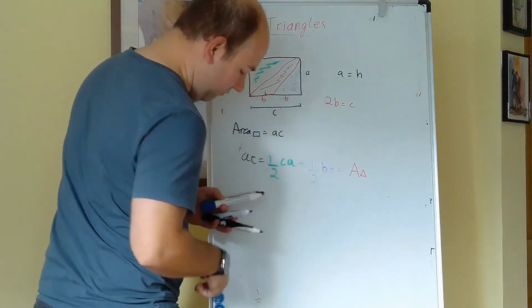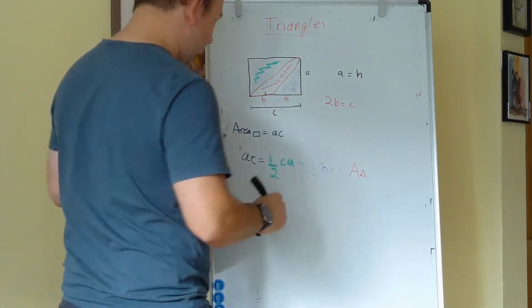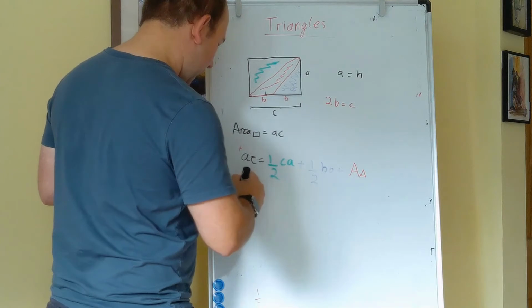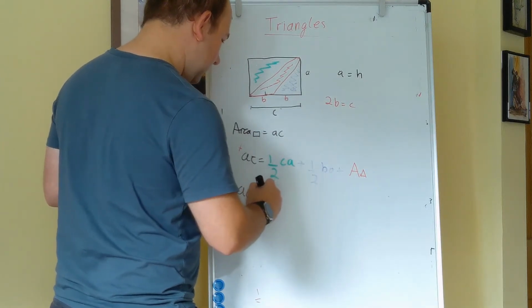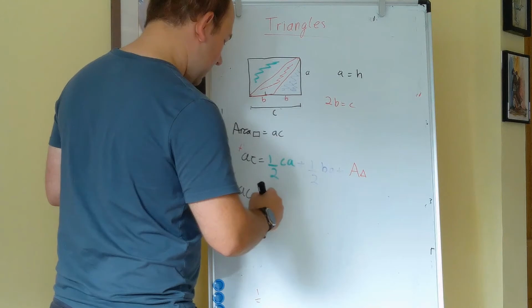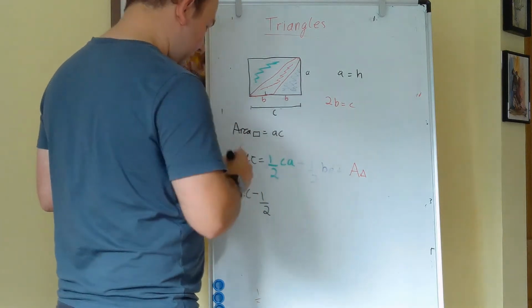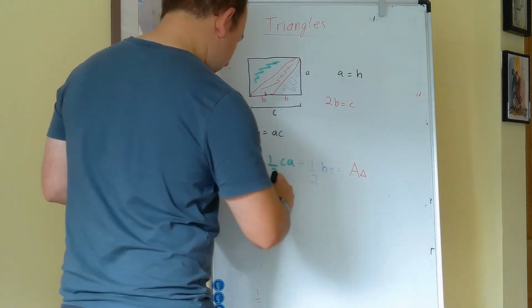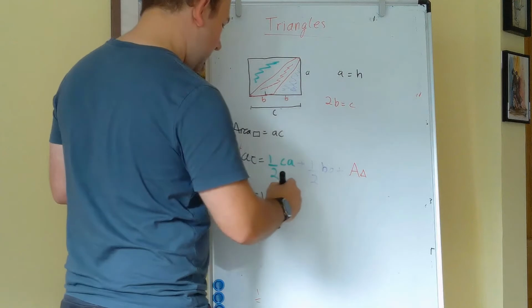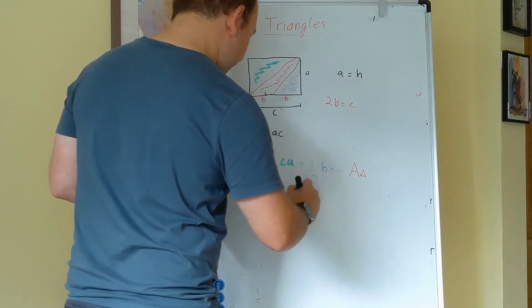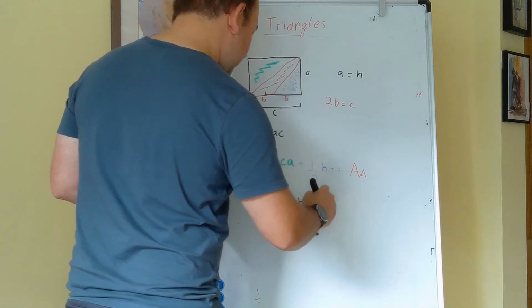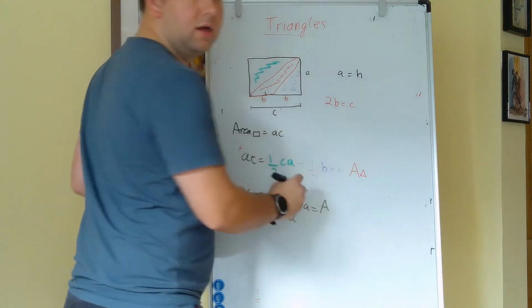I'm going to keep this all in black from now on. So we're going to have AC minus a half AC minus a half BA is equal to A triangle.